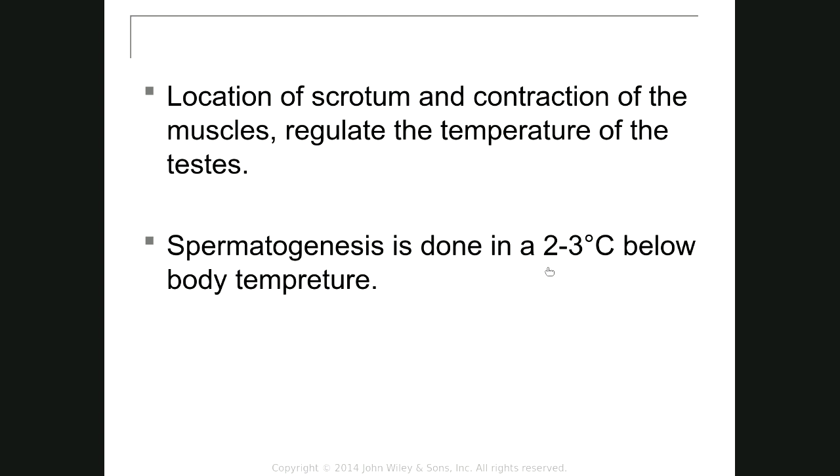If the testis doesn't descend and remains in the body, because of the temperature of the body, spermatogenesis cannot be done, and these individuals are sterile. Sometimes this sterility is unilateral because only one of the testes remains in the body, and sometimes it's bilateral and both of the testes are in the body.